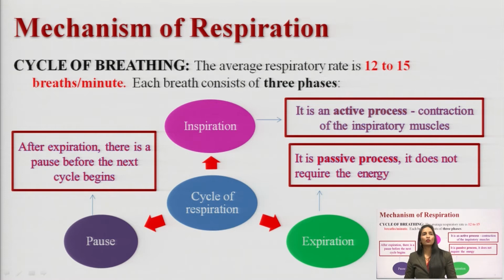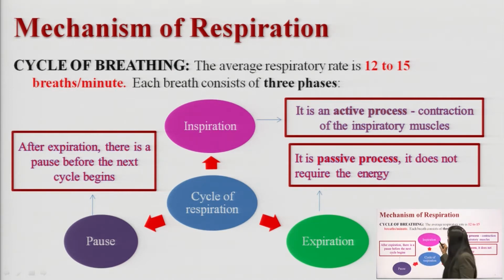Next we will go with the cycle of breathing. Let me explain the mechanism of action of respiration. Per unit time, we take approximately 12 to 15 breaths, and each consists of 3 phases. What are the 3 phases included in breathing?